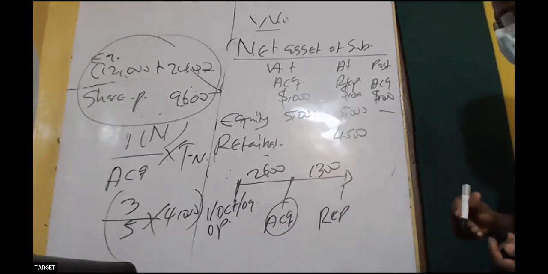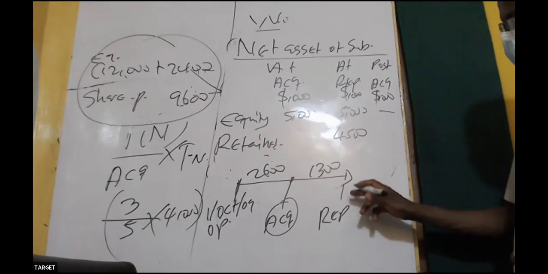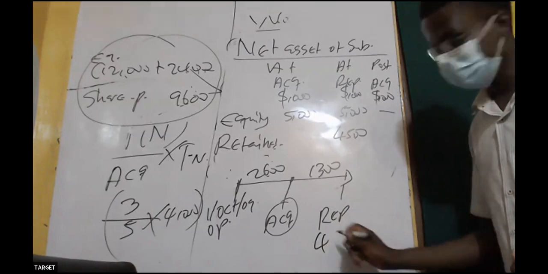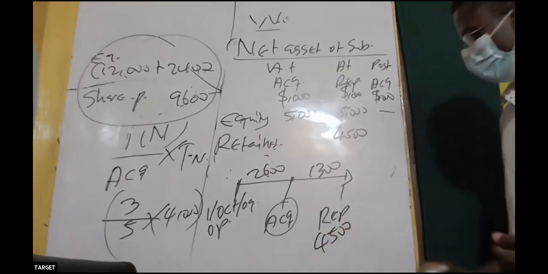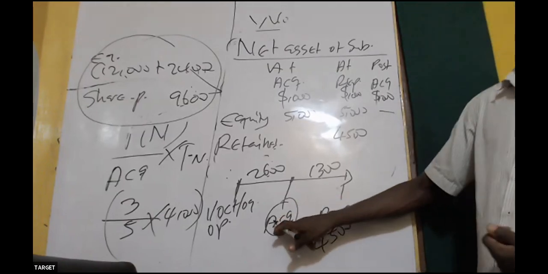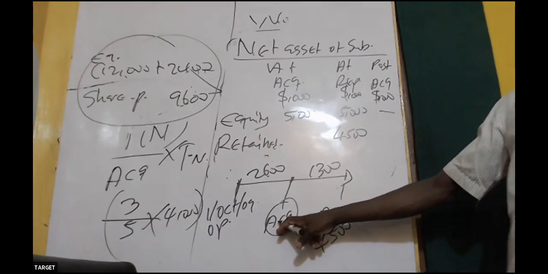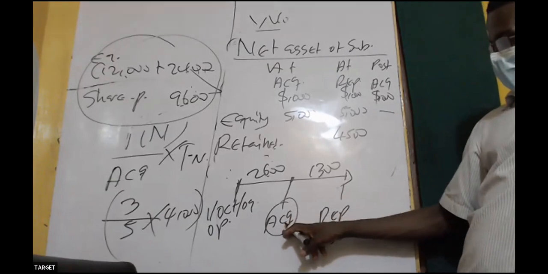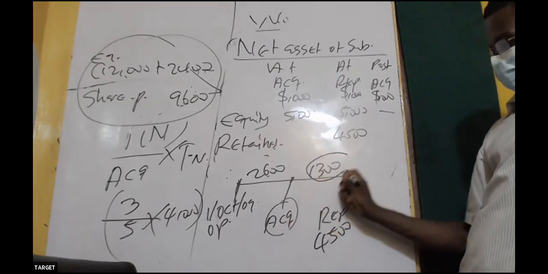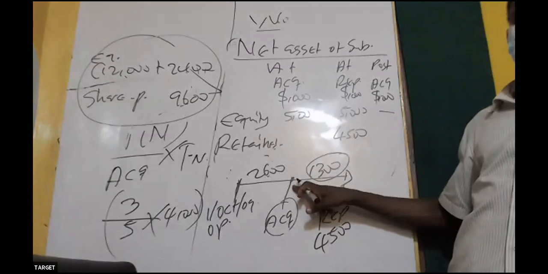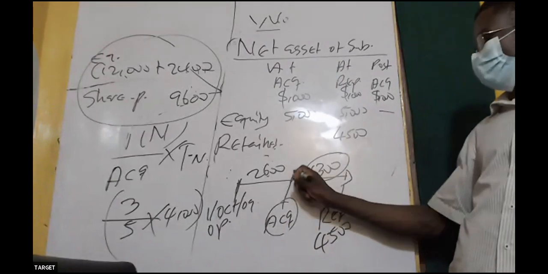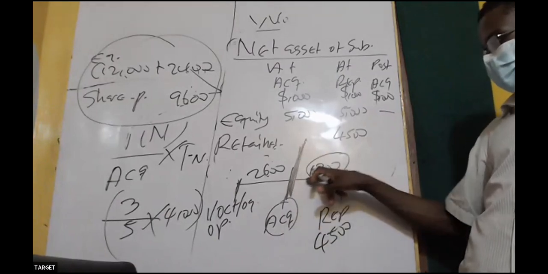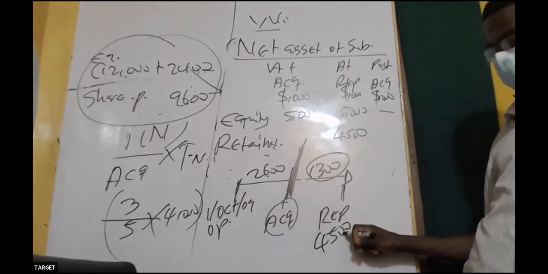Okay. Now, we have the retained earnings here at reporting. The retained earnings is 4,500. So now I want the retained earnings here. To get it, I must subtract this from this. Whatever retained earnings I have here, plus the profit from here to here, will give me this 4,500.